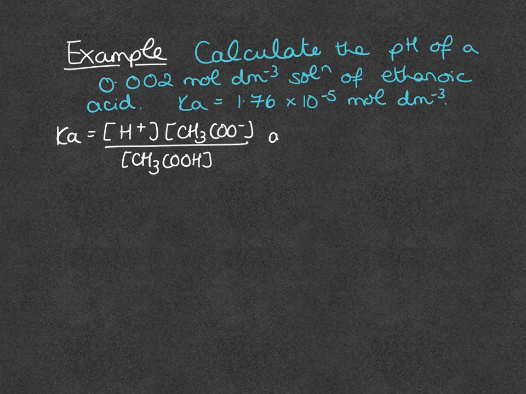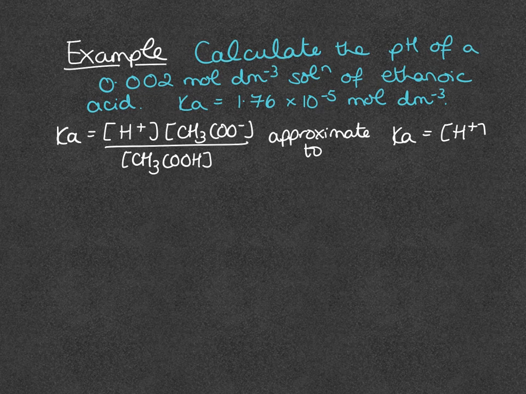And therefore we can approximate Ka is equal to the H+ squared over the concentration of the acid.